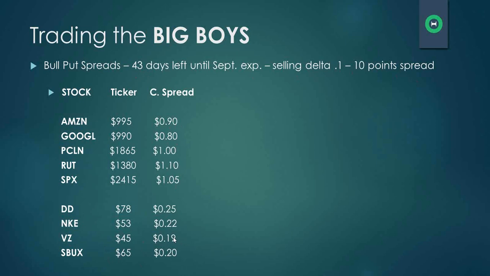Now the problem with this is, yes, you can set up a credit spread here, but you might have slippage. In other words, you might not get the full 19 cents when you set up your trade. I always put the price in at the midpoint, halfway between the bid and the ask. Sometimes the floor traders will not be able to fill you at that 19 cents, so you'll have what's called slippage.